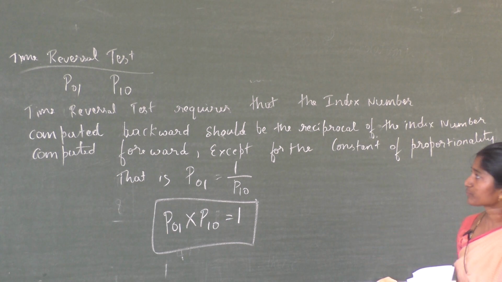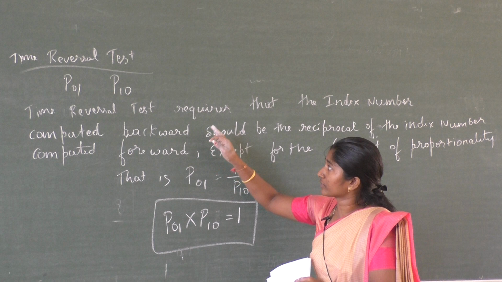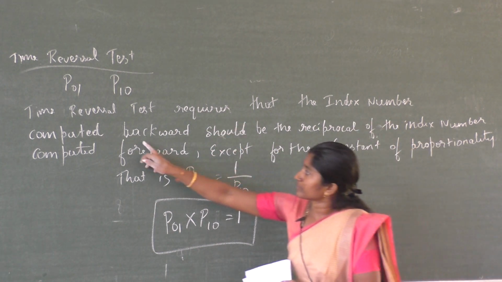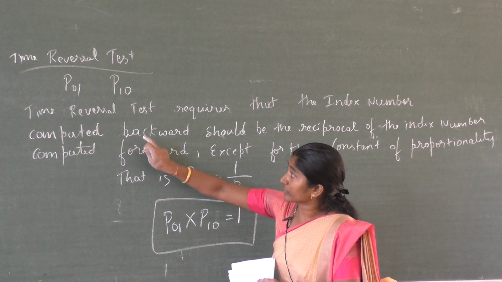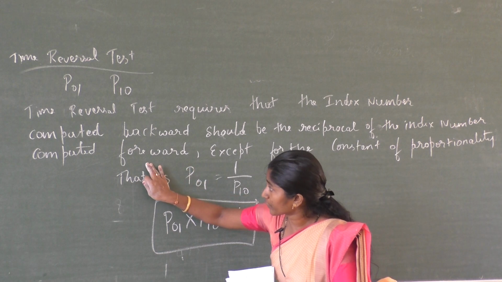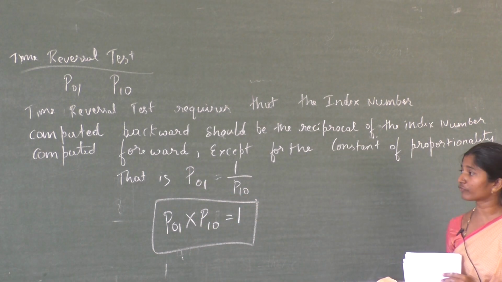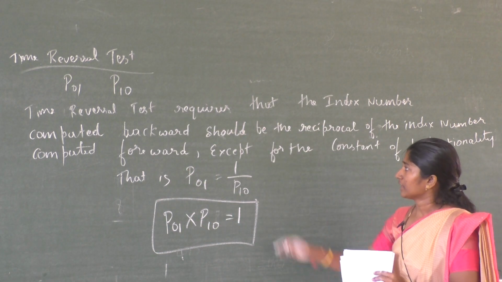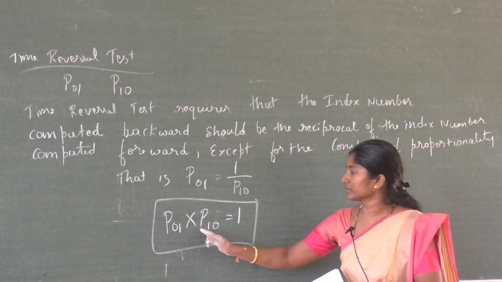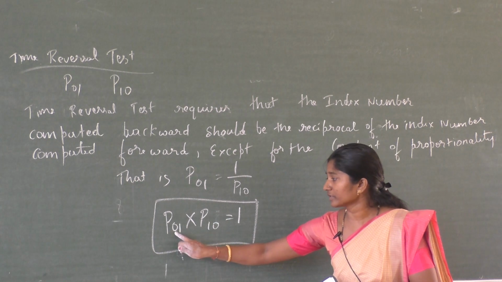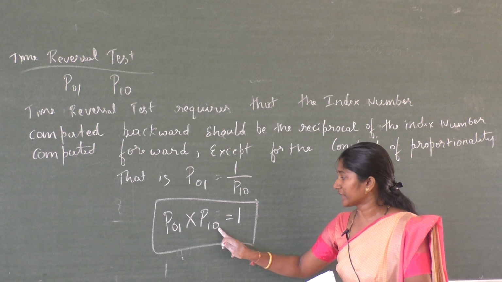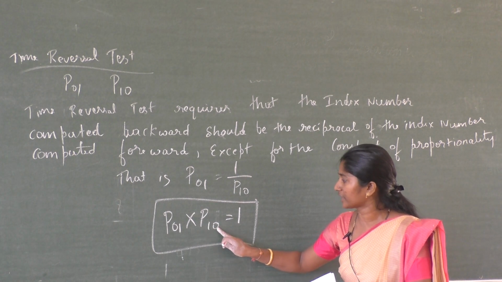See, time reversal test means what? We require that the index number we compute backward is the reciprocal of the index number forward, except for that constant of proportionality. Here P01 into P10, here base and current. This is the base and this one is the current. We have interchanged this one. Here this is the current and this one is the base.